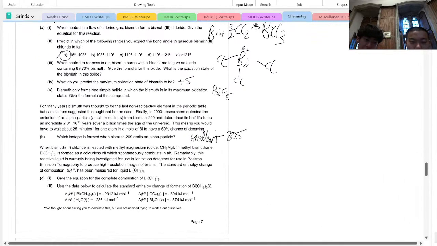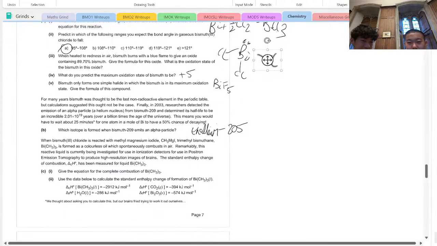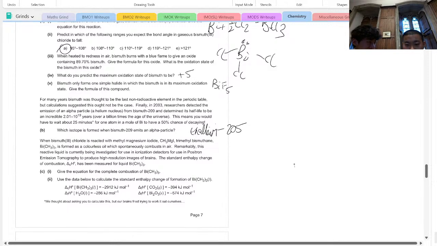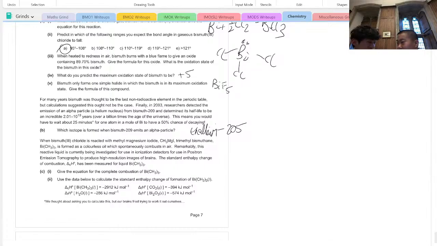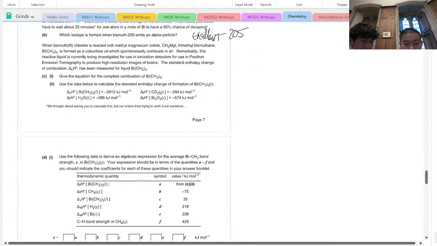By the way, an alpha particle is 2 protons, 2 neutrons, so its mass number is 4. Is it the same alpha particle as in the Rutherford scattering experiment? I don't think so. Didn't they use alpha particles? Oh, I thought you were talking about the isotope. The alpha particle is the same.